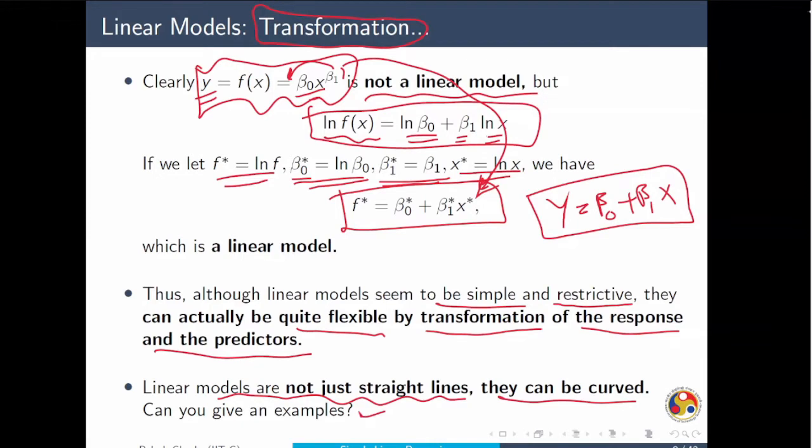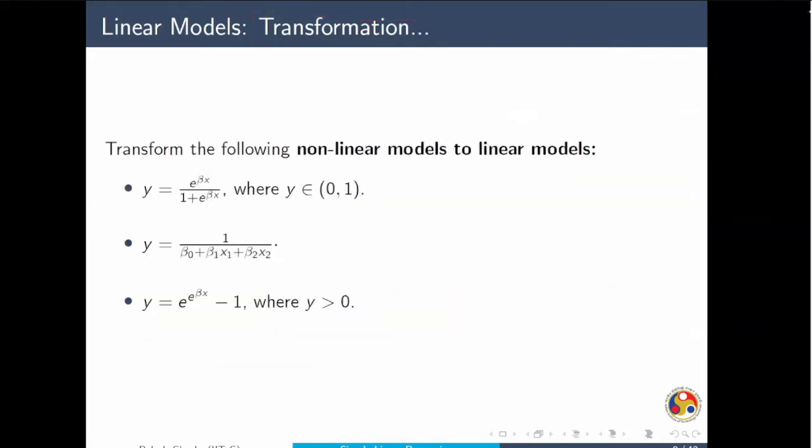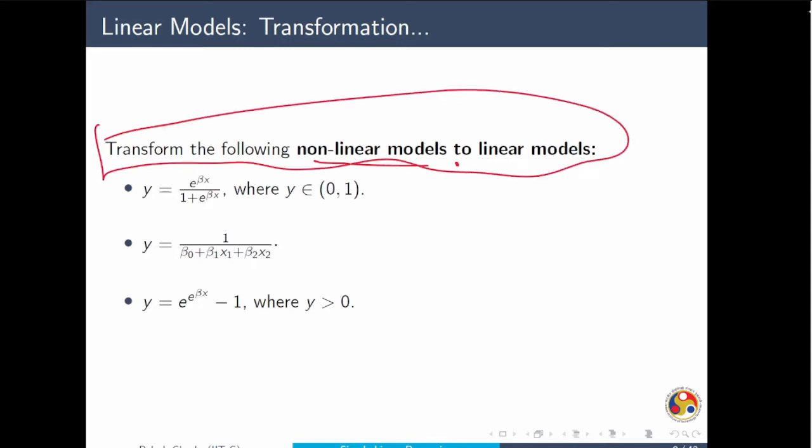Okay. So these are some of the nonlinear models, and your job is to transform these models to linear models. I will explain one of them, and the rest you should be able to do by yourself. This is the easier one. If you just take 1 by y, that will be beta naught plus beta 1 x1 plus beta 2 x2.